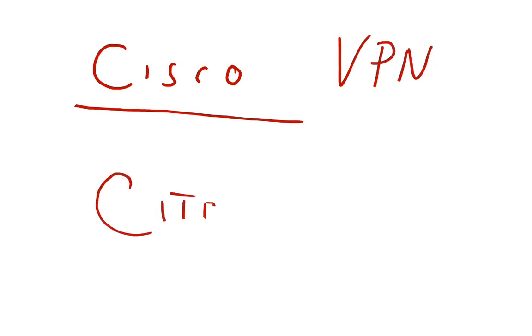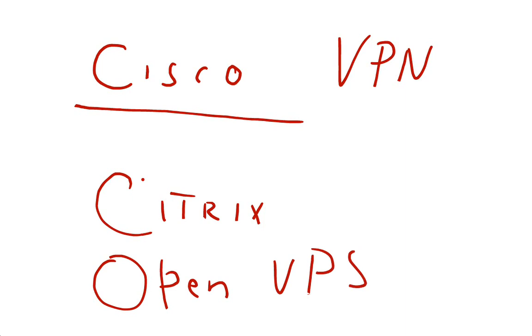Citrix is another name which provides secure communication. OpenVPN is the open source VPN server and client which we can use for communication between our server and client. So guys and girls, let us recap what we have discussed.